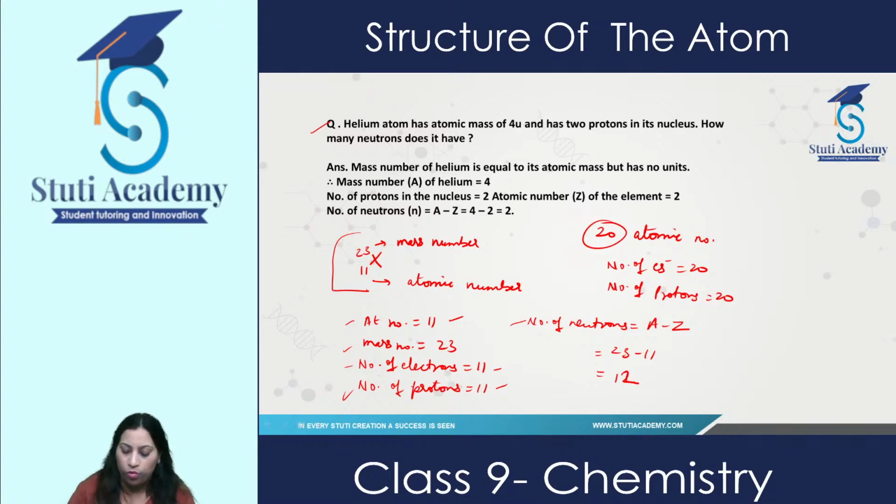I hope these kind of questions are clear to you. These are extremely important questions. Generally, these questions can come in exam in 2 marks. So you need to learn all the atomic numbers of elements at least from 1 to 20. Only then you'll be able to write. Generally, mass number is always given in the question.